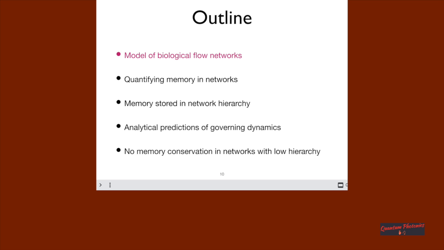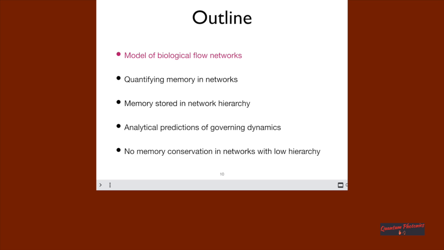I model the biological flow networks as networks made with hollow cylindrical tubes which are straight. So I consider the network is made with many different hollow cylindrical straight tubes.